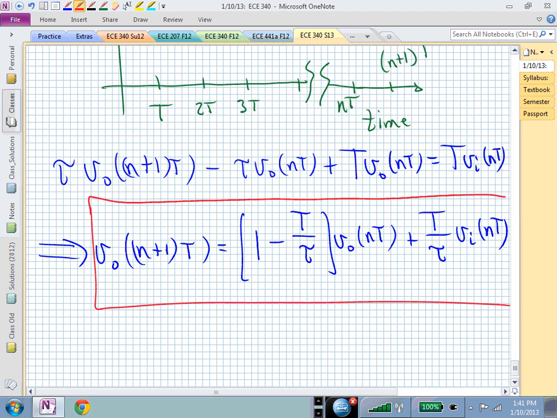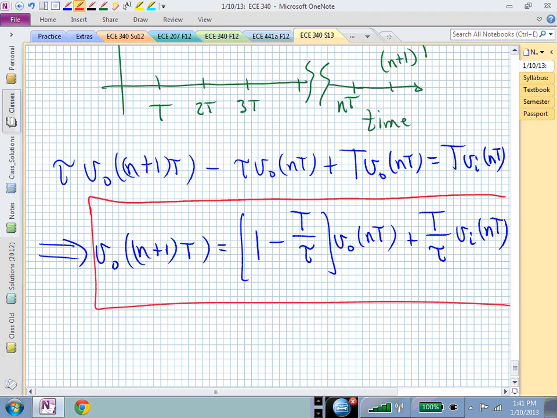We remember that and use that the next time over here, and now we produce the next output, all based on what the input is. This is now just an averaging algorithm. It's just weighting the input and remembering. Here's some memory. It remembers what the previous output was, but it scales that output.